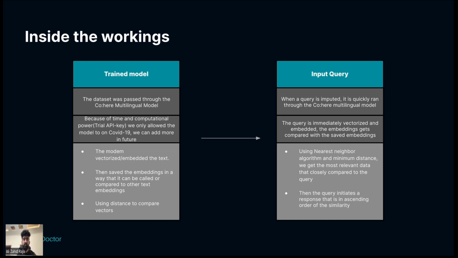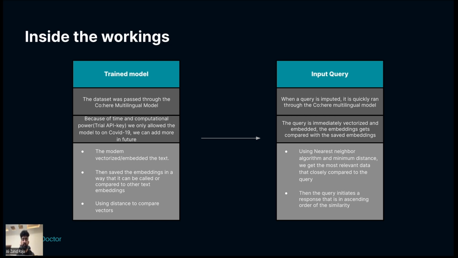We got the Cohere multilingual model because we had the data set in multiple languages: French, Chinese, English, Urdu, Arabic. And we used the Cohere multilingual model so that all the text is trained the same way.